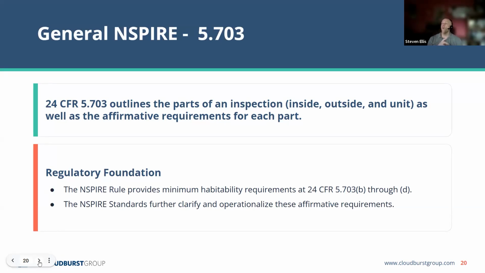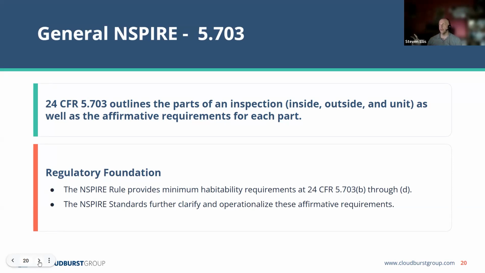So NSPIRE, one of the big shifts is that it's going to outline parts of inspection as the inside, outside, and unit. So currently for HQS, you all are used to doing inspections by rooms, right? That HQS checklist talks about kitchen, bathroom, sleeping room, other room.